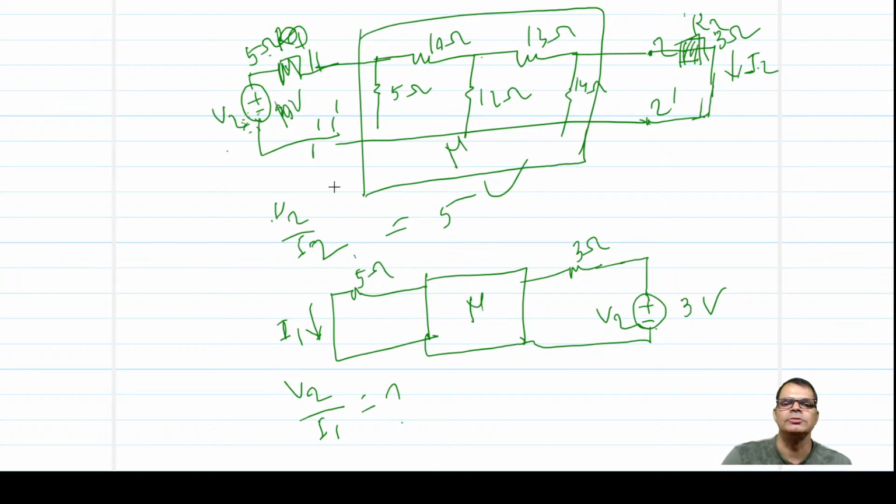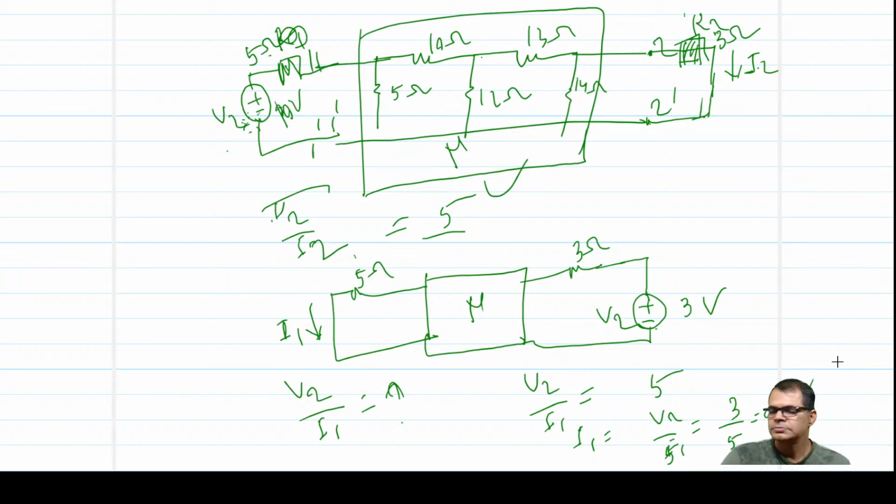So V2 upon I2 was 5, and as it has been changed to this, V2 upon I1 will also be 5. So they may ask what is the value of I1. I1 will be V2 upon 5, that is 3 upon 5, which is 0.6. Very simple. Just remember the situation remains the same for both sides.